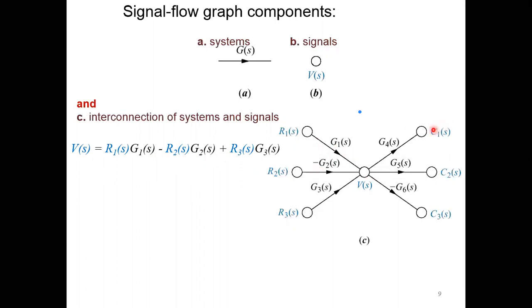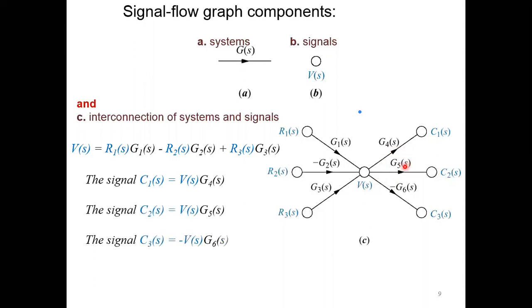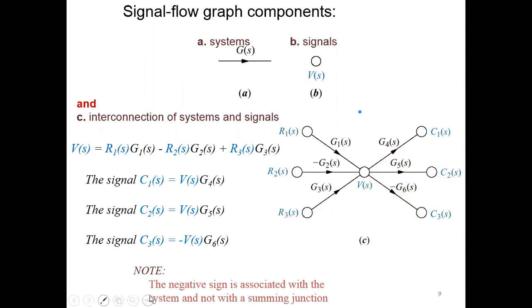And C1 of S is equal to V of S multiplied with G4 of S. Similarly, C2 is equal to V of S multiplied with G5 of S, and the last, C3, is equal to minus G6 multiplied with V of S. The negative sign is associated with the system and not with a summing junction.